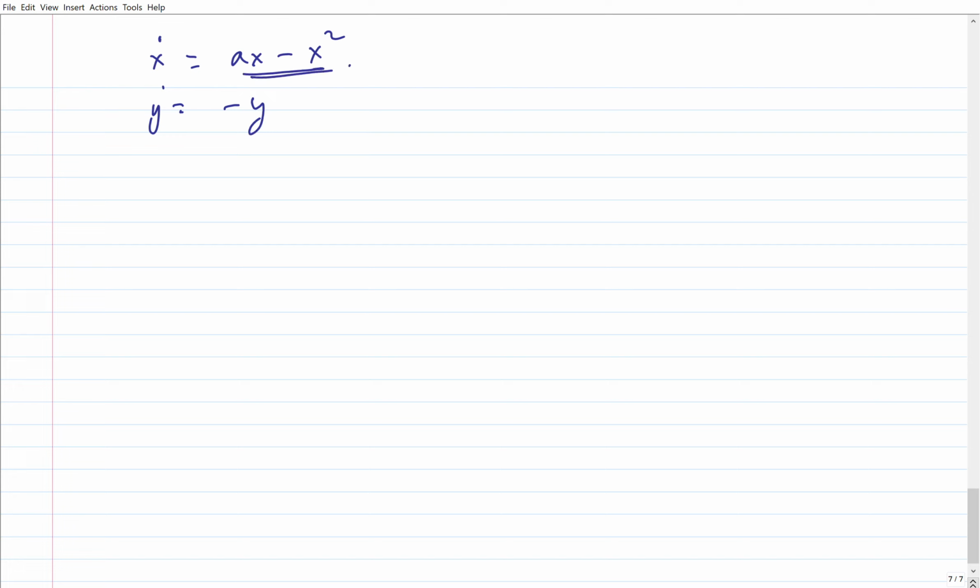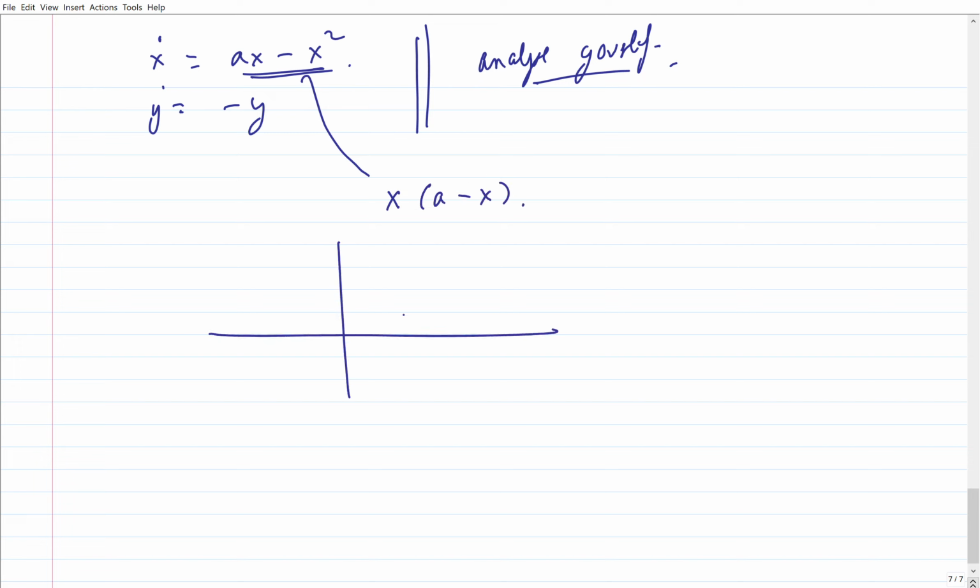Again, I think you guys can analyze it yourself. Here what is happening is that I have x times (a minus x), so I have two fixed points, essentially at 0 and at a.